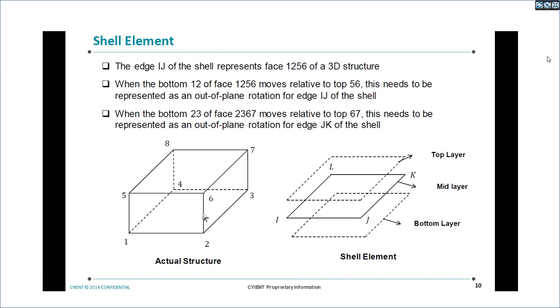So when this 5 6 edge moves relative to 1 2, then there will be a rotation. That is called rotation degrees of freedom.